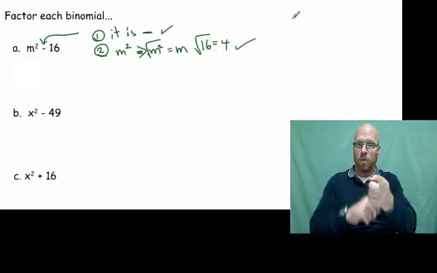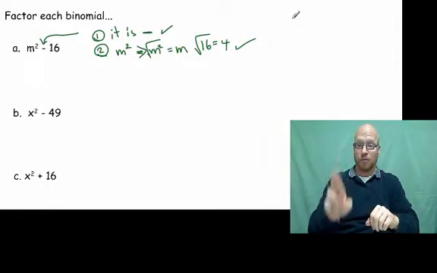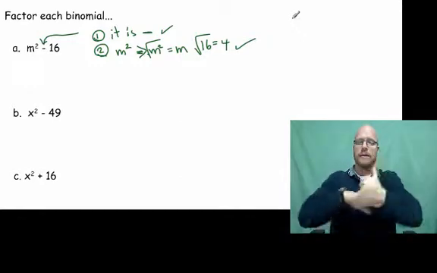Okay, now both conditions are satisfied. M squared does have a perfect square, so it's an m, and 16, the square root of that is 4.